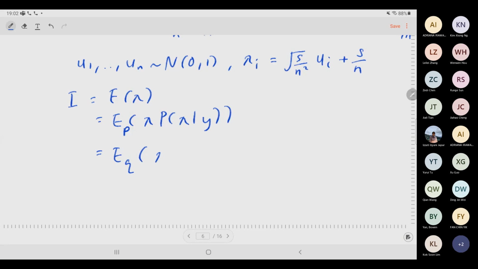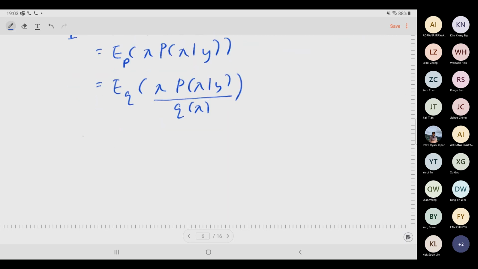Your lambda is your f(x), the function. Then you have your lambda multiplied by Q(lambda), so this will be an expectation against Q. And then the estimator would be the average, 1 over n, if you have n samples, i from 1 to n.